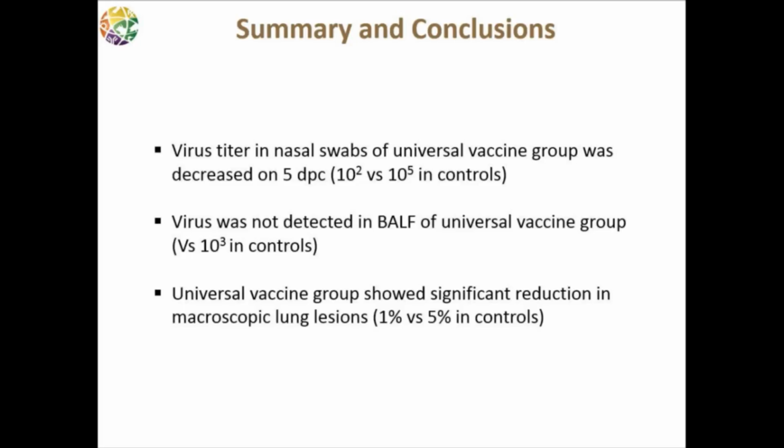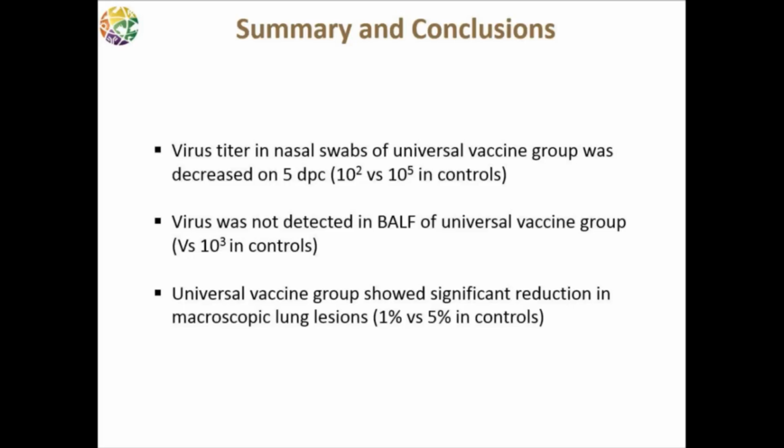Virus was not detected in bronchoalveolar fluids, and we also observed significant reduction in macroscopic lung lesions. This was our first study, but our data were similar to that generated for testing of human vaccines in ferrets, mice, and non-human primates.